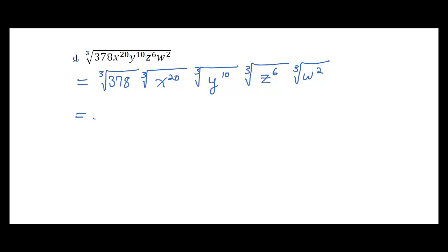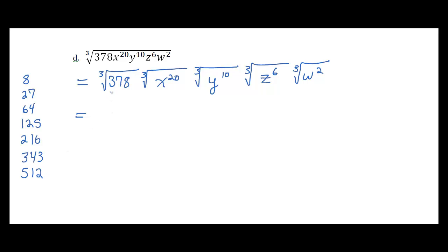Okay, now we were talking about perfect cubes here, and I have a number here. I want to remind myself of all of my perfect cubes. 2 cubed is 8, 3 cubed is 27, 4 cubed 64, 5 cubed 125, 6 cubed 216, 7 cubed 343, 8 cubed 512, right?